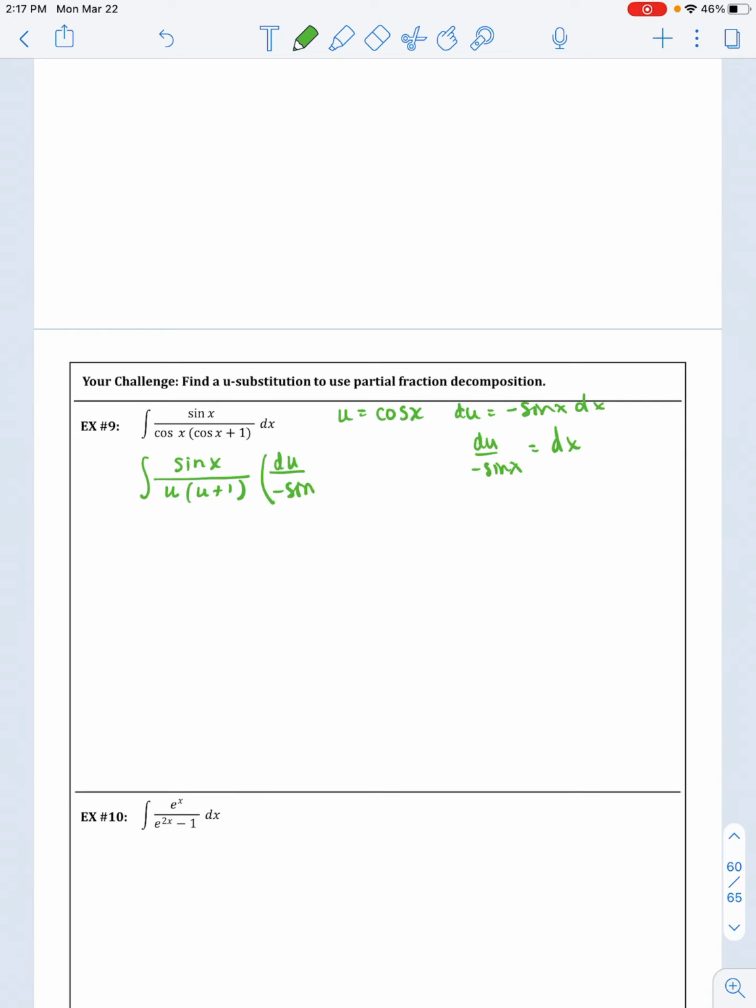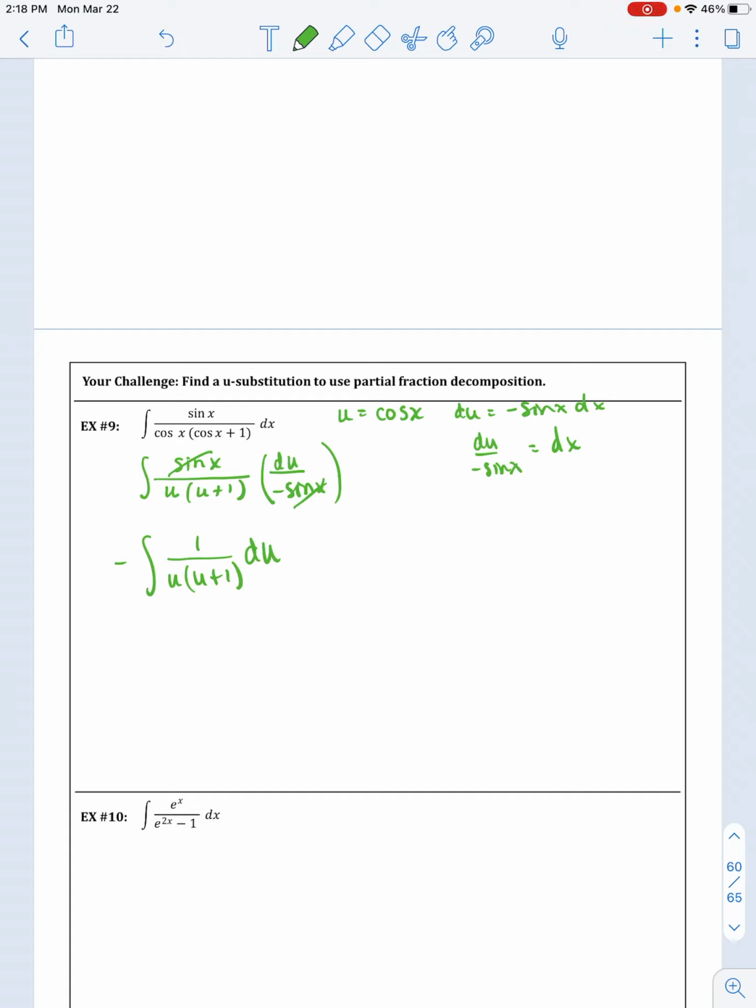So if I put that du divided by negative sine x, and my sine x is canceled, I would end up with, I'll bring the negative out front, 1 over u times u plus 1 du.